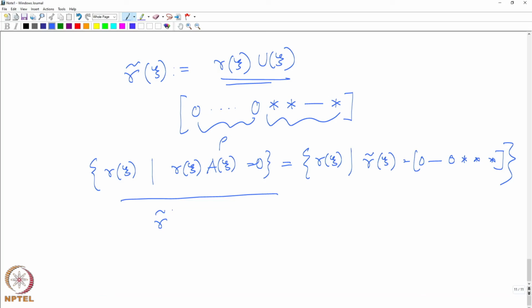Now, what have we assumed? We have assumed that R xi A xi equal to 0 implies R xi B is equal to 0. But what is R xi B?